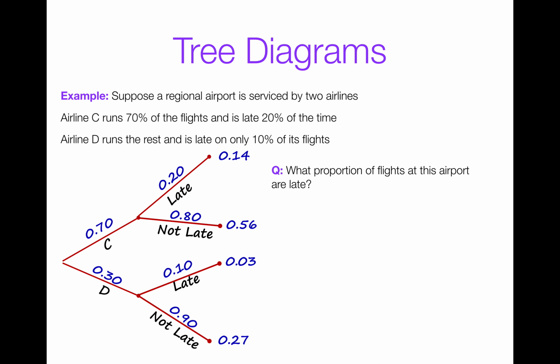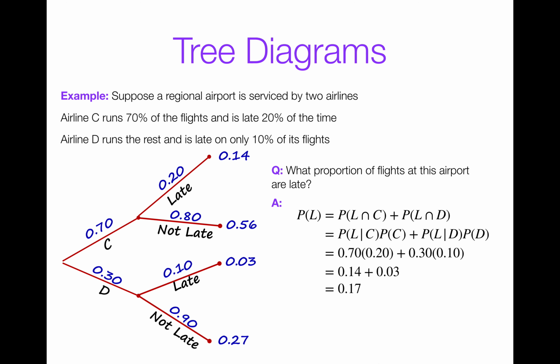So let's answer a question here. What proportion of flights at this airport are late? So we know that that would be the probability of being late. It's the probability of being late and from airline C plus the probability of being late and from airline D. I can expand those using the multiplicative rule and then do the math.